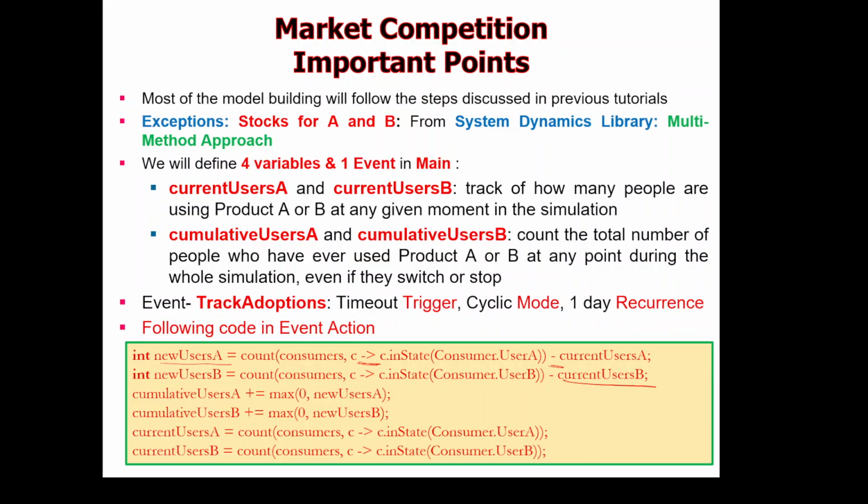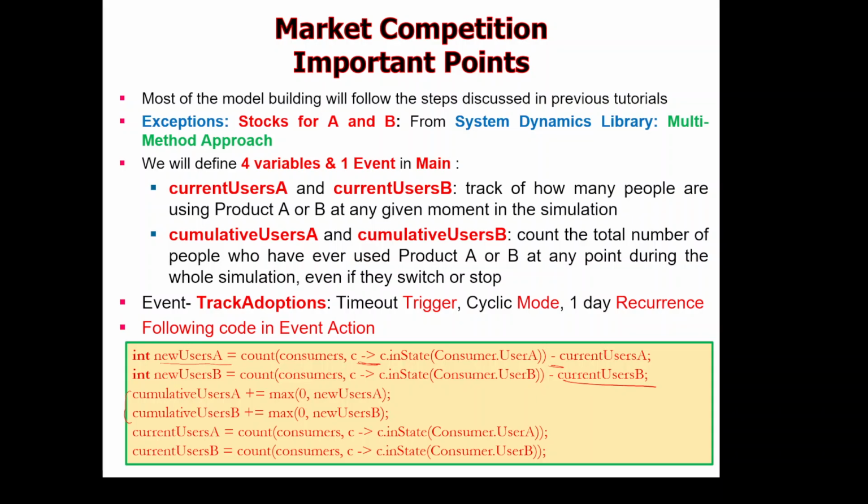The logic is basically that, let's say some agents are using product B on day one or any day, and the next day if that number drops, then the new users will be a negative term, and we don't want to add that negative term, so we want to add only positive terms. That's why we are using the max with cumulative user A or B. If you have a look here, they are either taking the zero value or any positive value.